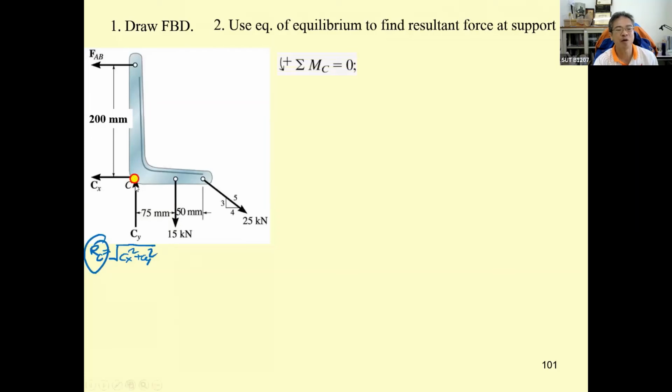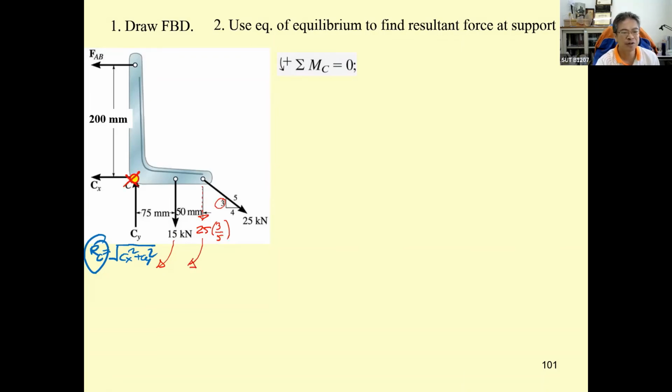Now, taking the moment at C. By taking the moment at C, you can see that 15 is going to produce this kind of rotation. And this force is going to be 25, and since it's in the vertical direction, times 3 over 5, and rotates in this direction.